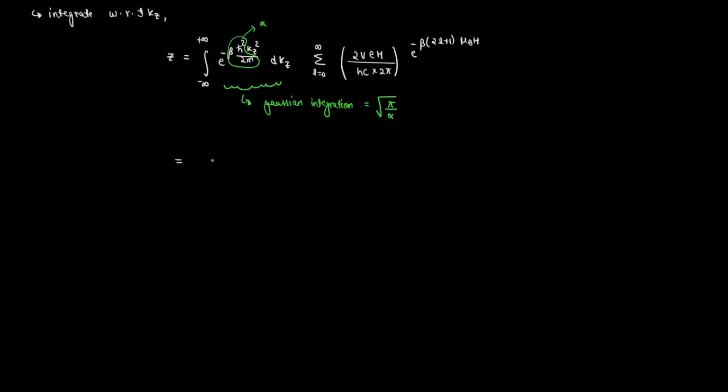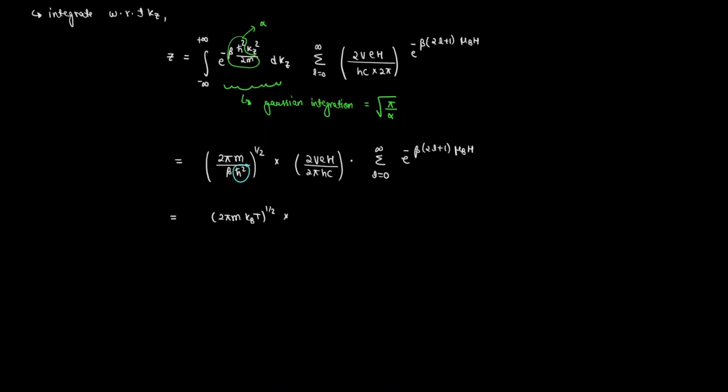So therefore Z will become the square root of 2π m divided by beta ħ squared, times 2veh divided by 2π ħc, times the summation over L. Here you can take out this ħ squared and put the value of beta. So therefore we successfully solved the continuous integration.